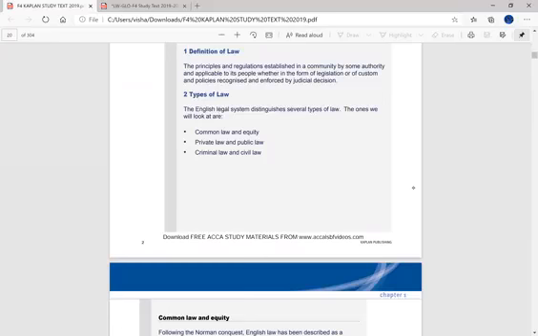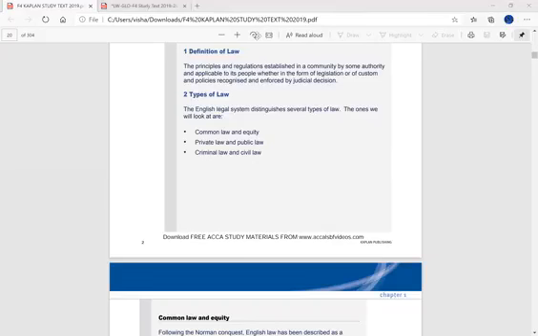You choose, and that is what I'm going to teach. Okay, then we are starting off with English law only.